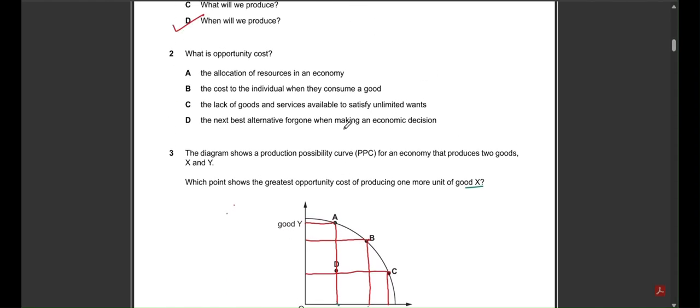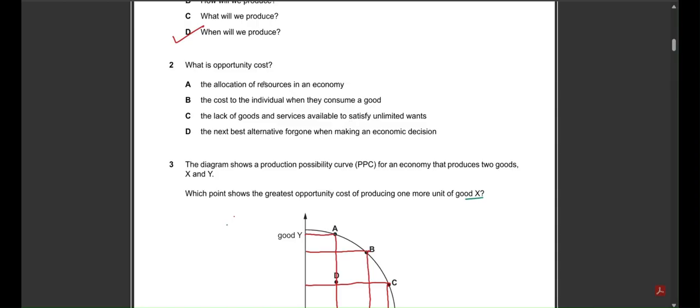Moving ahead with the next question, question number 2, what is opportunity cost. I guess they are asking for the definition of opportunity cost. Let's see the options. Option A, the allocation of resources in an economy, no. Option B, the cost to the individual when they consume a good, no. Third option, the lack of goods and services available to satisfy unlimited wants, no. This is the problem of scarcity.